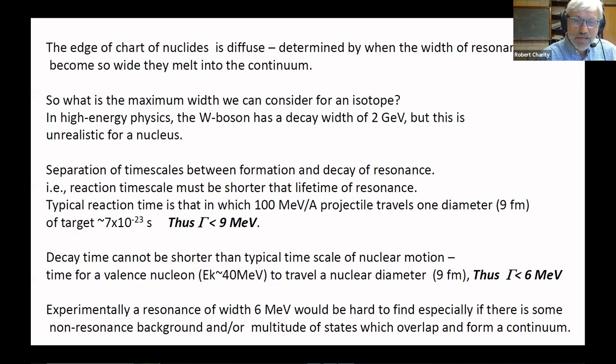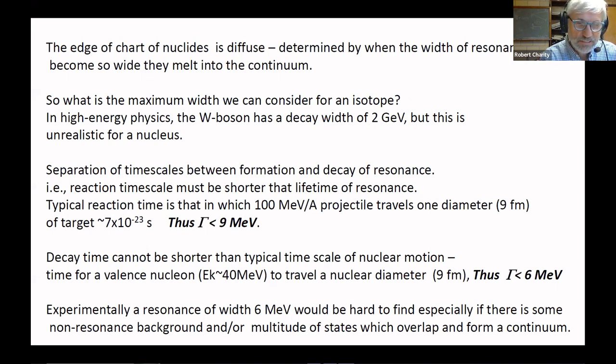Another way you could think about that is, in a classical resonator, to call it a resonator you would like it to complete a couple of cycles before it decayed. So what is the typical time scale associated with an excited state?